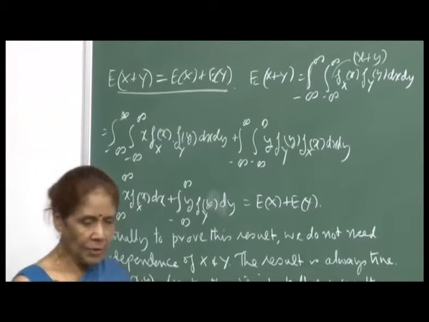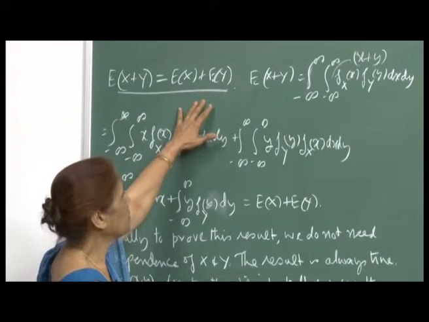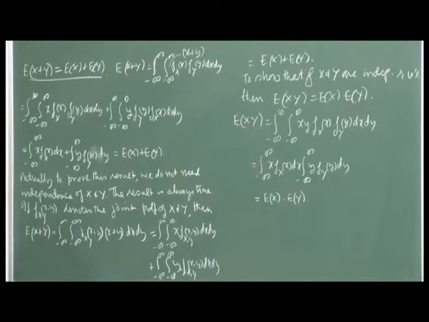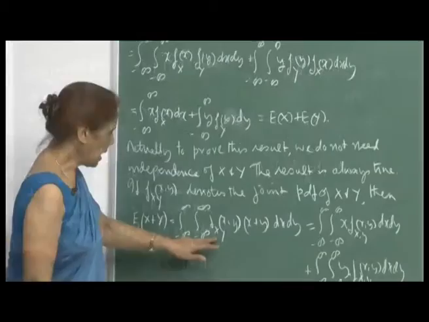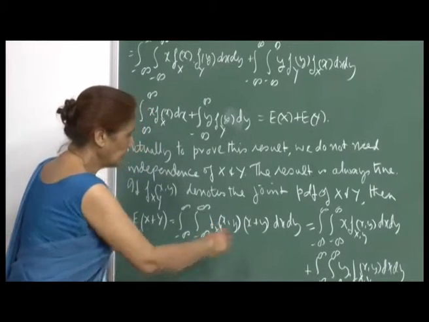But I want to point out that it is not necessary to show this result under independence of x and y; it is actually always true, and you can immediately verify it. If f(x, y) is the joint PDF of x and y, then E of x plus y we write as the double integral from minus infinity to infinity of x plus y times f(x, y).